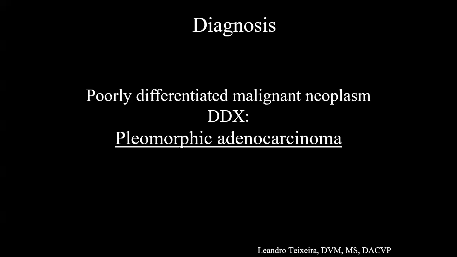Another thing that helps is the history. It's good for these tumors, like chronic ocular disease. A lot of the tumors that we diagnosed as pleomorphic adenocarcinomas had either a history of chronic ocular disease, a clear history of trauma, and some of them had a history of intraocular gentamicin injection.